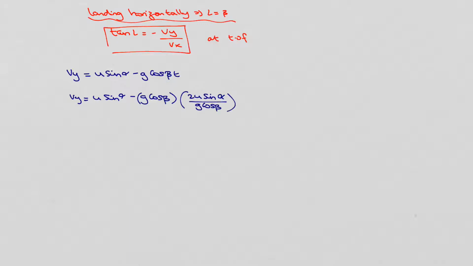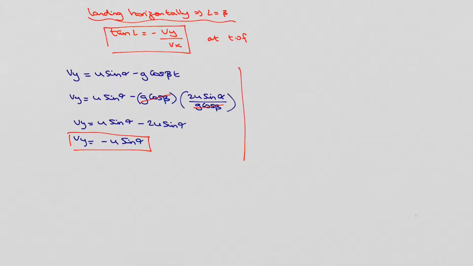And that's nice because my g cos betas are going to cancel, which leaves me with u sine alpha minus 2u sine alpha, and of course then that gives me minus u sine alpha. Okay, so now I have my velocity in the y direction.